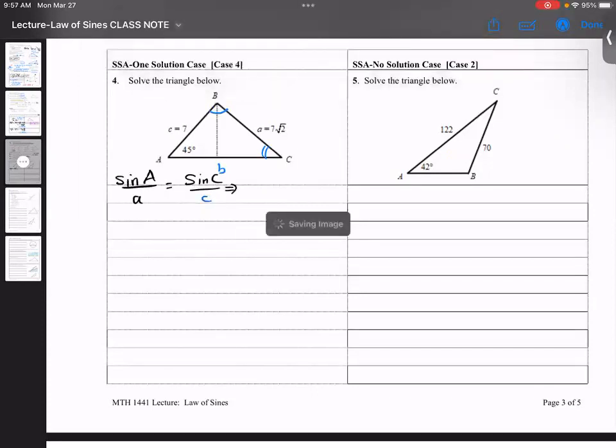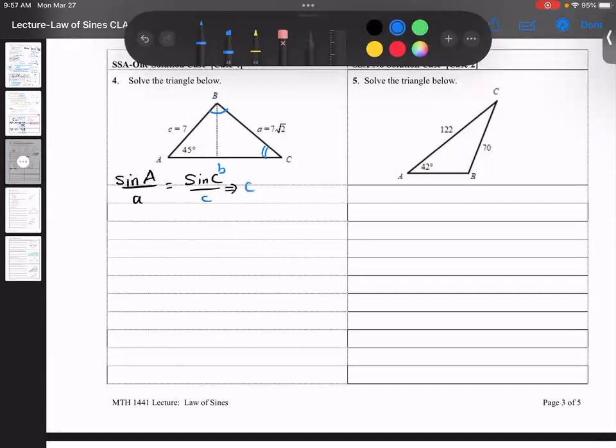Then C equals A times sine C. A is 7 root 2 times sine of, oh sorry, my bad. I still have my mode from the last problem.